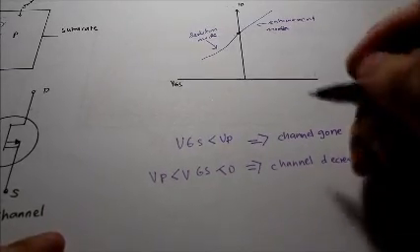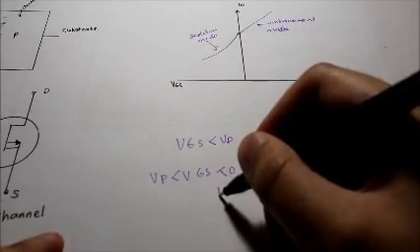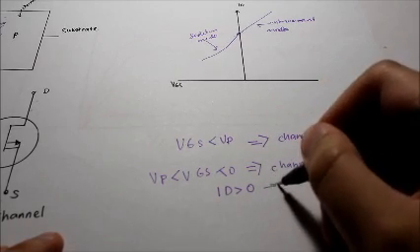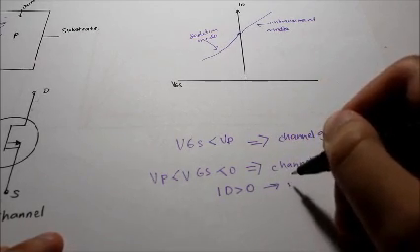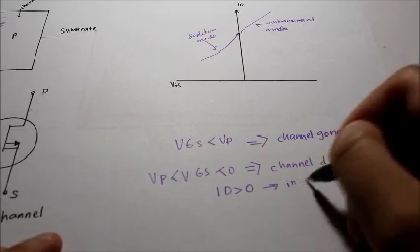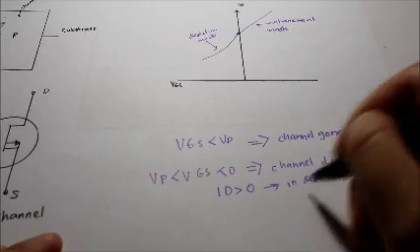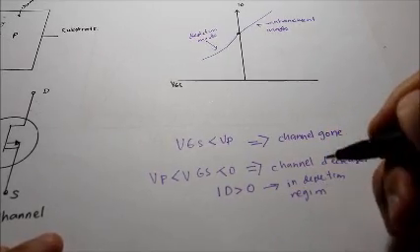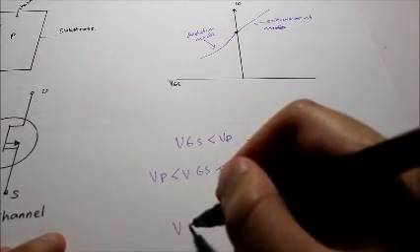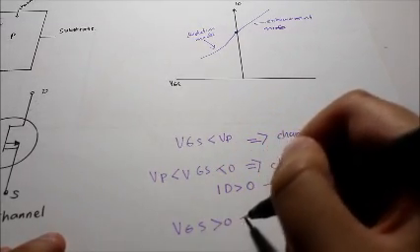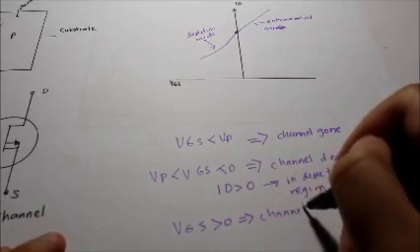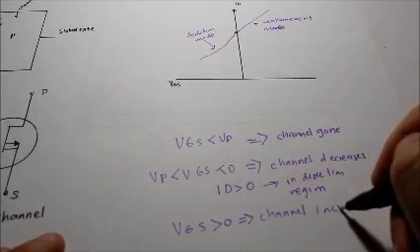But I will still have an ID which will be greater than 0, and this is when we put the channel in the depletion region. And in the third case, when VGS is greater than 0, then the channel will increase.